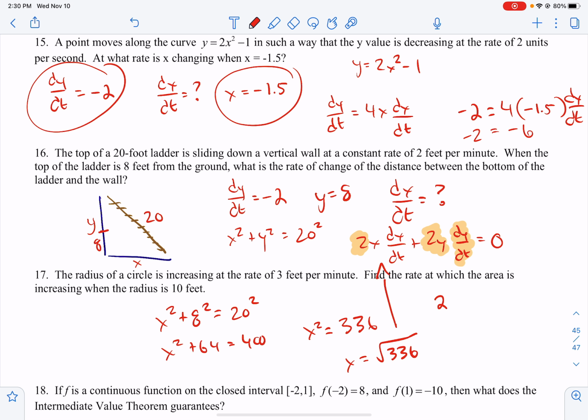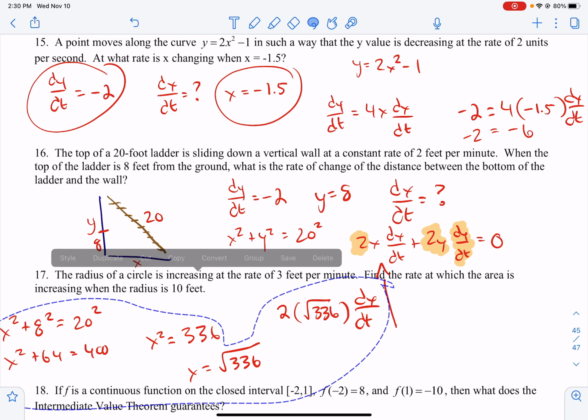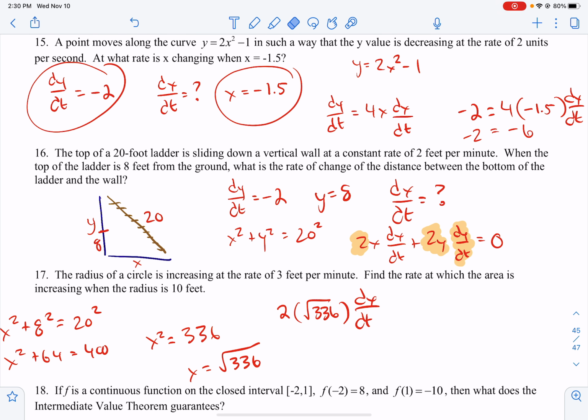So I get 2 times the square root of 336 dx/dt plus, I am running out of room. Let's move this over here. Plus 2, and my y value is 8.